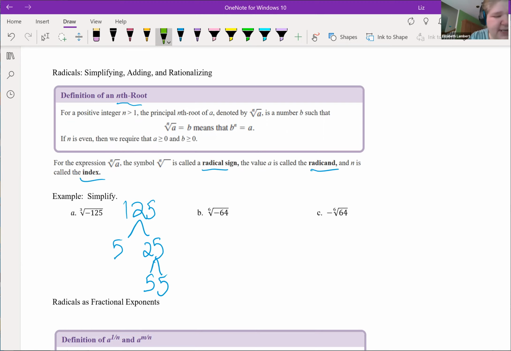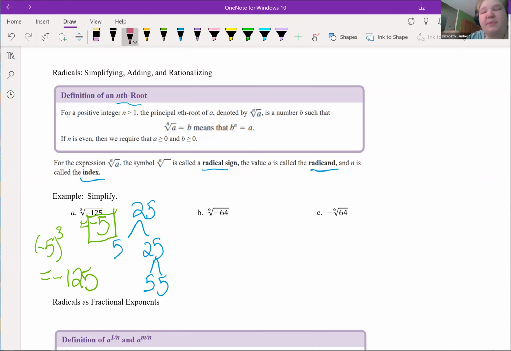Let's write that down. A negative times a negative is positive, and then times one more negative is back to negative. So this is indeed -125. So our answer then, the radical, equals -5.